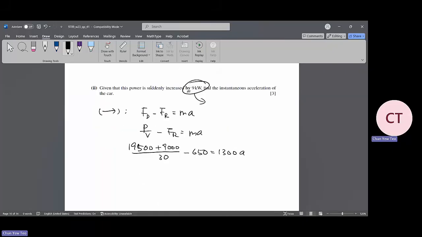Then you just press the calculator. You will get the answer. A is 300 divided by 1,300. It will be 3 over 13 meter per second square. Okay, yeah. Or you can give the answer in decimal, but I think I'll just leave it as 3 over 13 meter per second square. Done. That will be the answer for part 2.